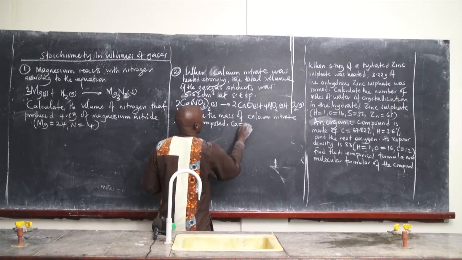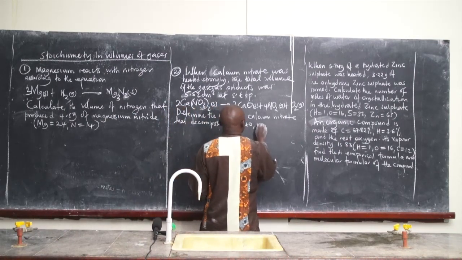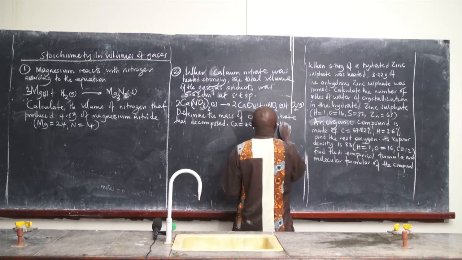So calcium is 40, oxygen 16, nitrogen 14.